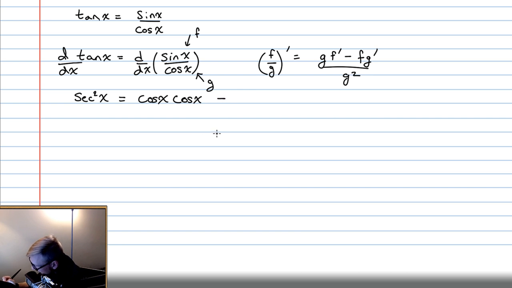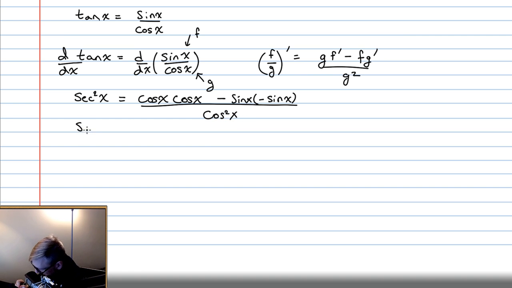And we got minus f, which is sine x, times the derivative of g, cosine. What's the derivative of cosine? Derivative of cosine is minus sine. So minus sine, all over g squared, so cosine squared.